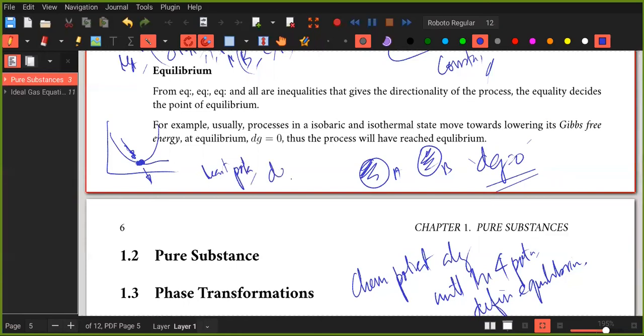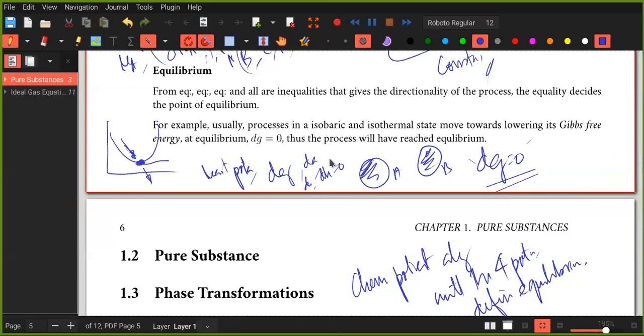Least potential in the sense dG or dA or dU or dH will be equal to 0. Whatever parameters we are computing will be equal to 0. So the system approaches a dead state. The system can't drop from there. This defines a point of equilibrium. How is this significant?